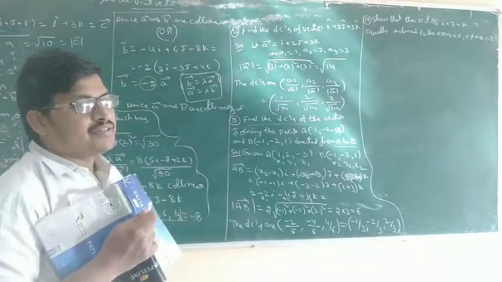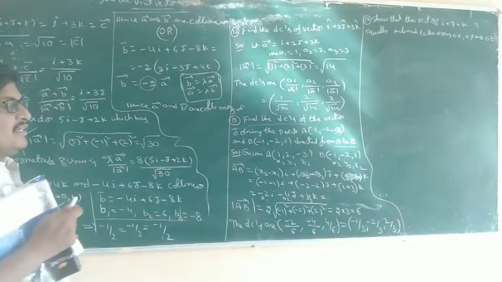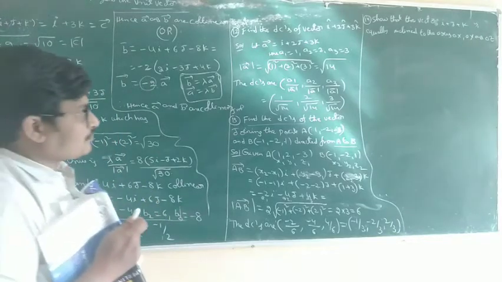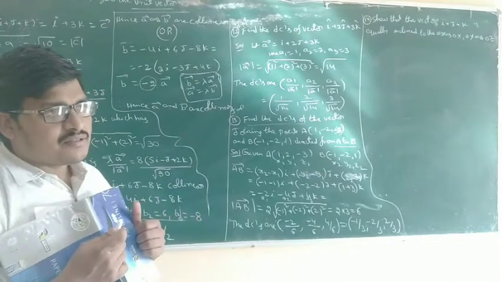Equally inclined means equal angles. How do we get equal angles?